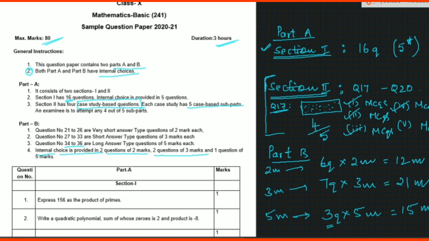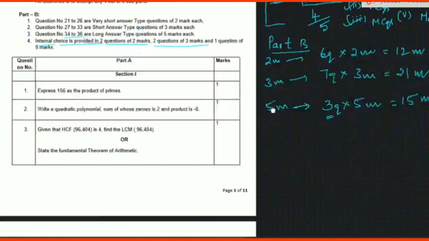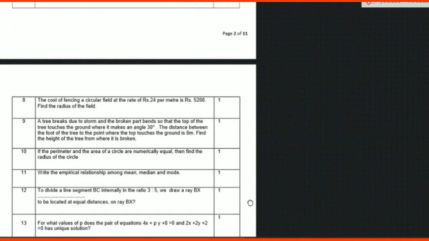Now you are going to answer 1 mark questions. So this is the paper pattern, children, and I think it is very easy to get good marks only when you have a good plan of preparation. Be with me. I'll be teaching everything to you and practice according to it. Surely you all are going to stand at A1. So these are all the questions, and in a forthcoming video we will discuss all these questions.